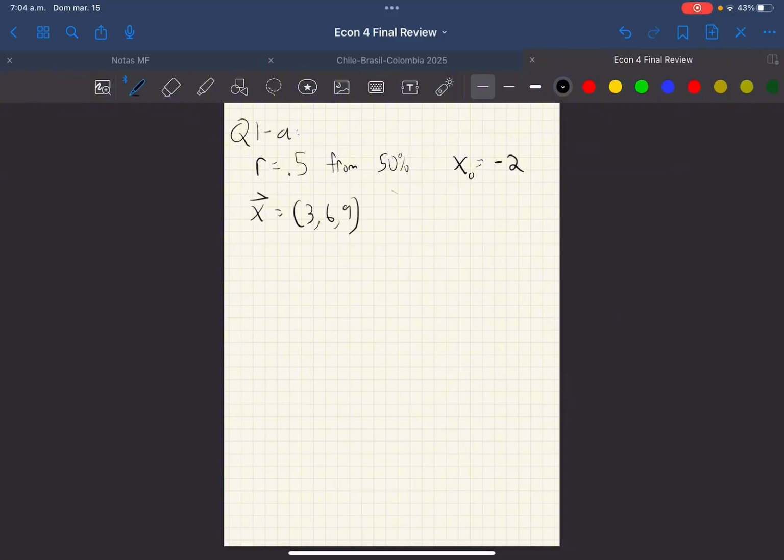Okay, so now we're asked to find the net present value of this technique, this investment. Because this is finite, and we have all these periods and all the information, we can use the regular formula.